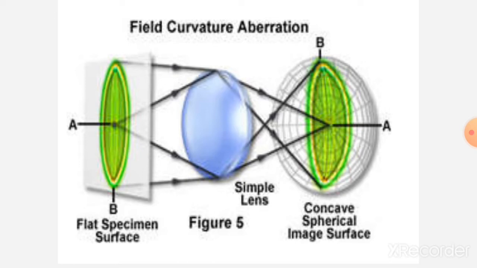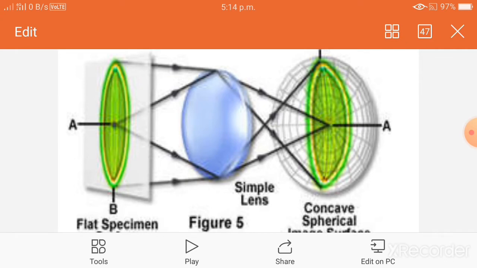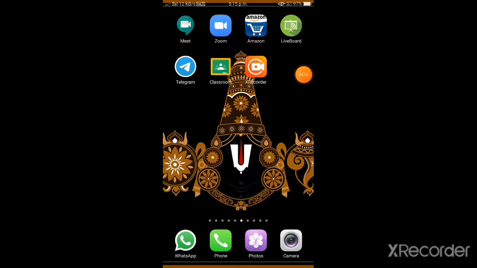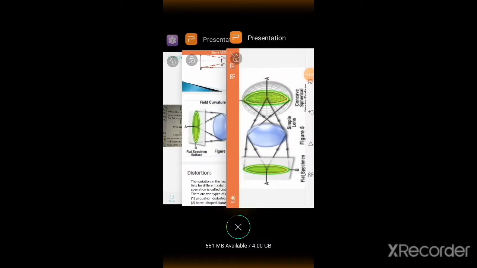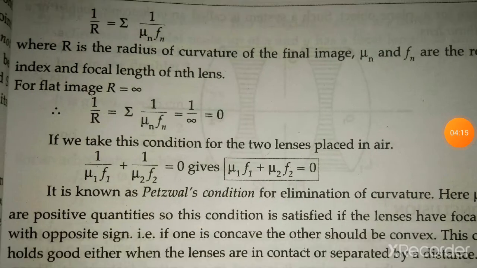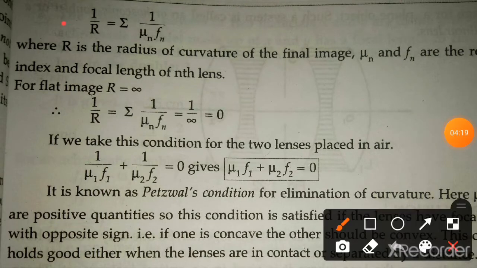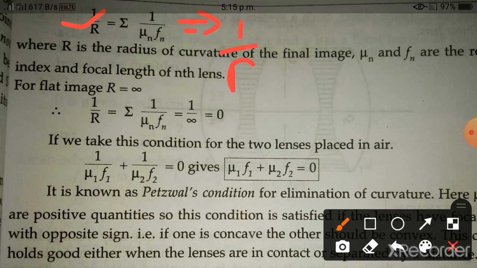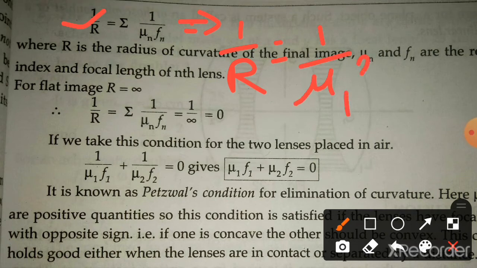The image has a radius of curvature, and the relation between this radius of curvature, the refractive index of the lenses and the focal lengths of the lenses is: 1 by r is equal to the sum of 1 by mu n fn, that is, 1 by r is equal to 1 by mu 1 f1 plus 1 by mu 2 f2 plus 1 by mu 3 f3 and so on.